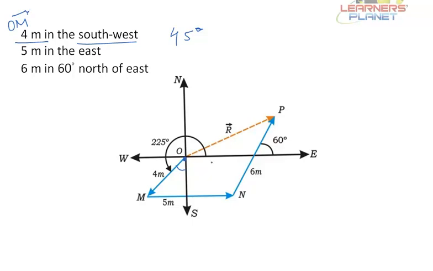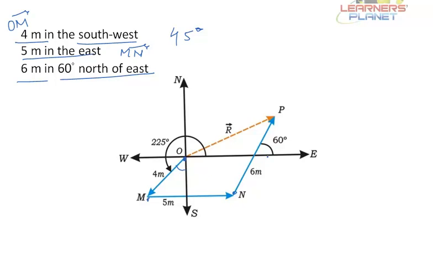Now the second displacement is from M to N, which is 5 meters in the eastward direction. So this vector is MN. And then you have 60 degrees north of east and the magnitude is 6 meters. So it starts from here.